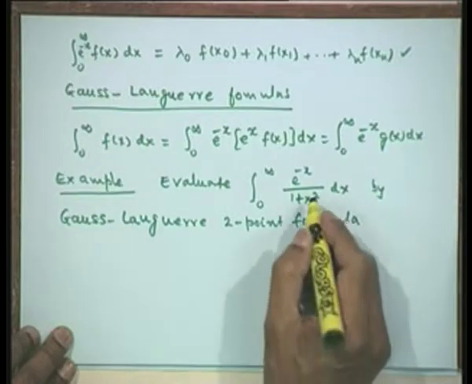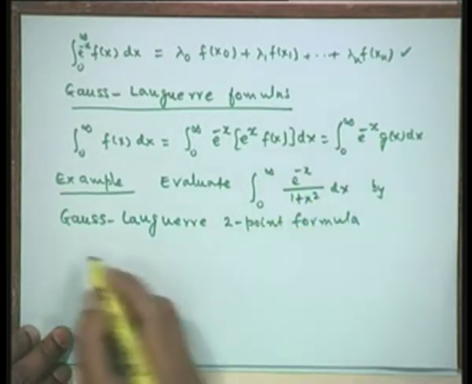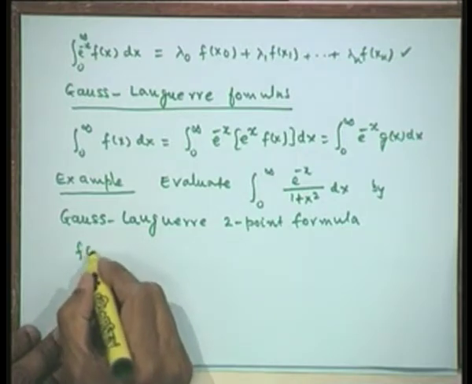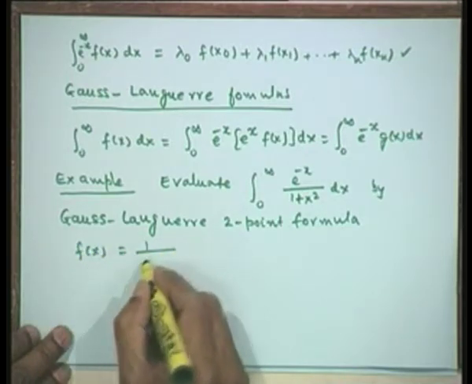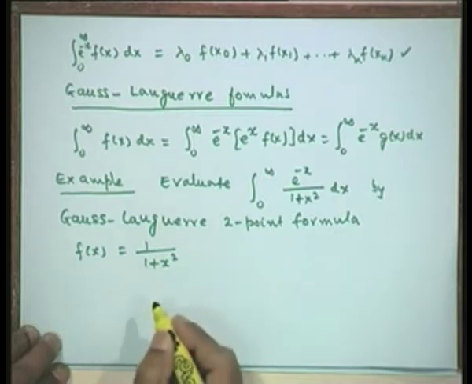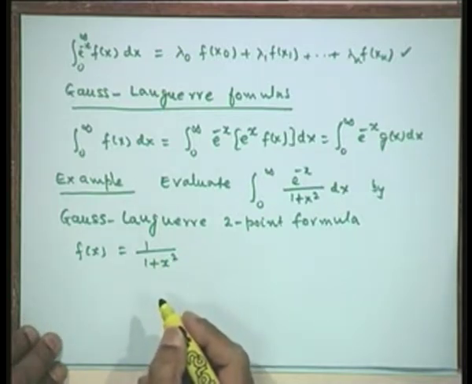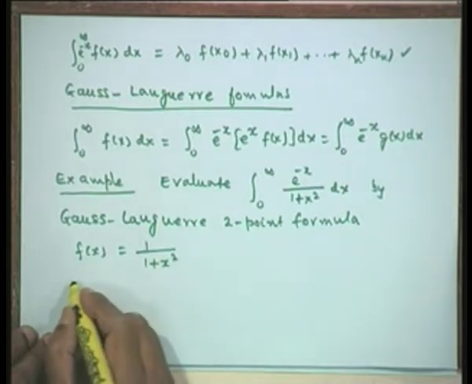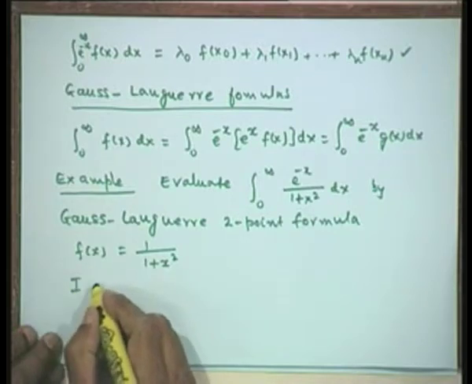Now, here we have been provided the weight function in the suitable form, therefore, we simply have f(x) equal to 1 upon 1 plus x squared. Therefore, I can evaluate the integral by using the 2 point formula.